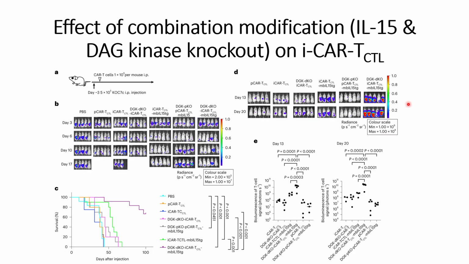So this is what they have shown in these results, that the combined modification has an enhanced anti-tumor response compared to the individual modifications or the base iCAR-T cells derived from mature T cell lineage from induced pluripotent stem cells.